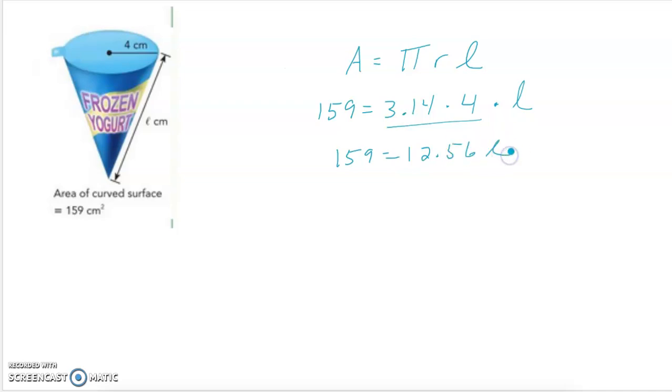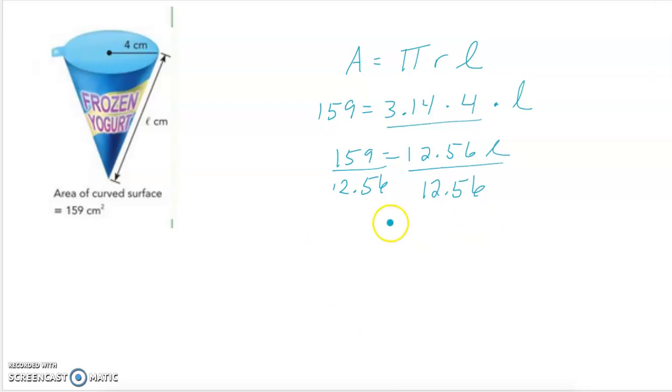So I have 159 is equal to 12.56 L. And now I want to get this L by itself. So I'm going to divide both sides by 12.56. So let's do 159 divided by 12.56. And that's going to give us 12.65. So just round it to 12.7.